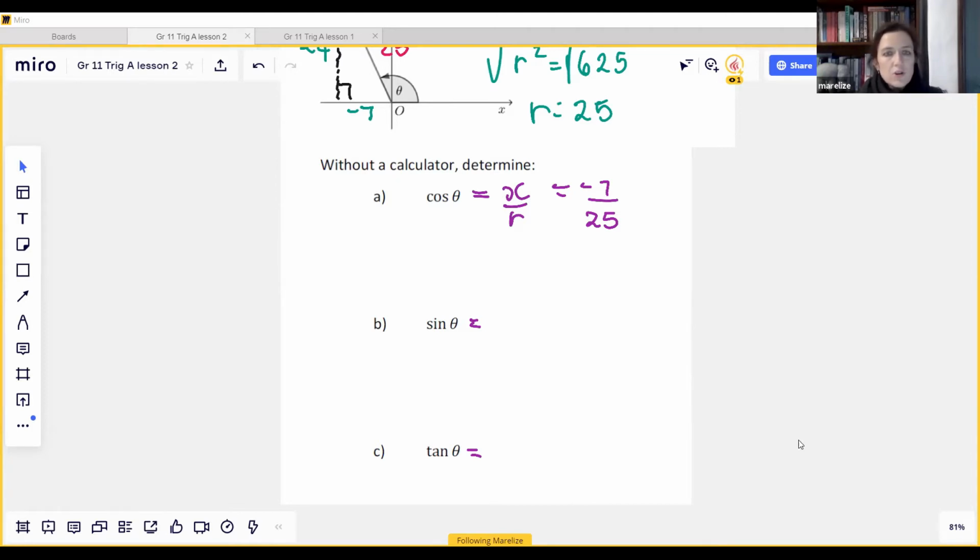As soon as you've got your answer, you can put it in the chat, or you can unmute yourself and tell me what you think the answer is. Okay, Samuel says sine theta is 24 over 25. Okay, thanks Tamilo and Valerie.